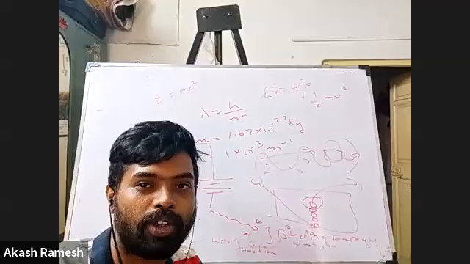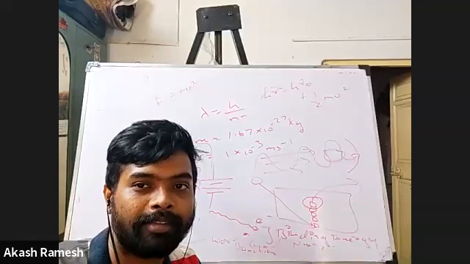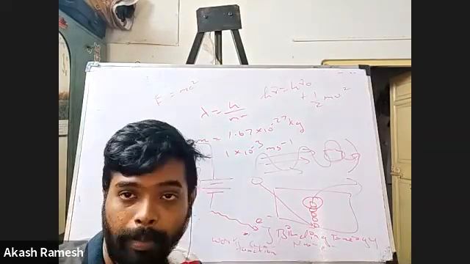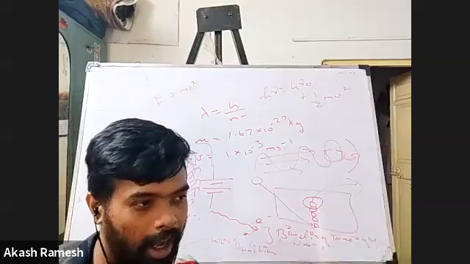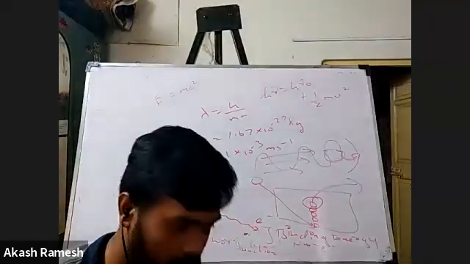Okay, fine. Someone wants to try? How did Thomson prove that cathode rays are made up of particles and not waves? He kept a paddle wheel, sir. When the rays hit it, the paddle moves, which means it is made up of particles.